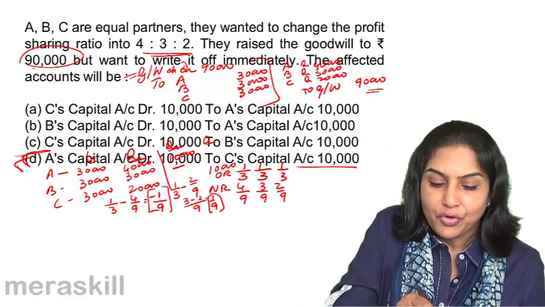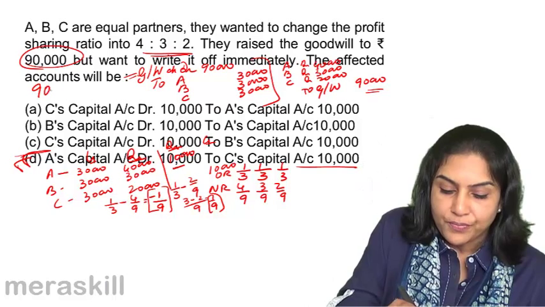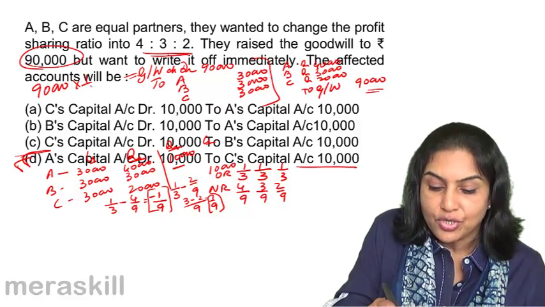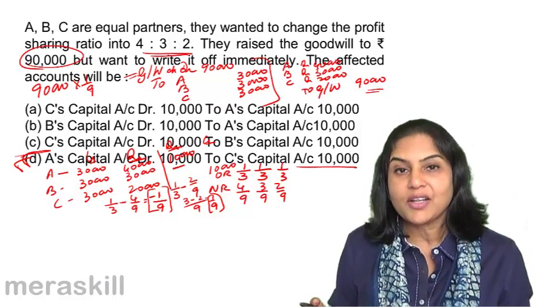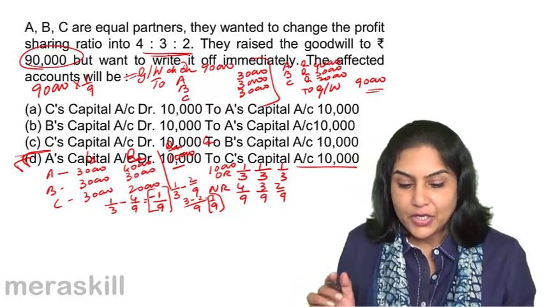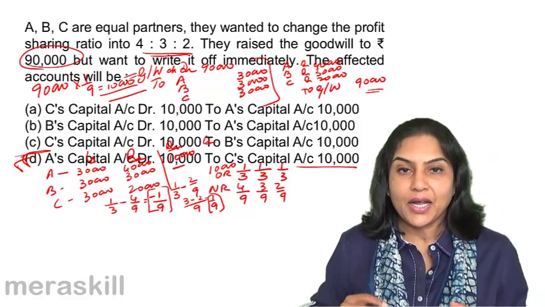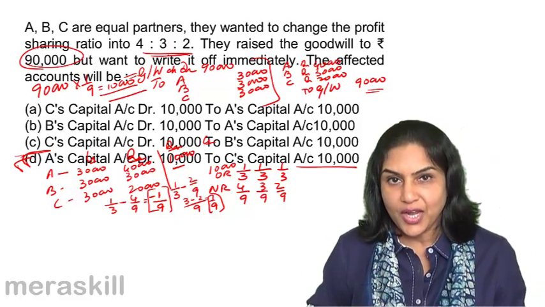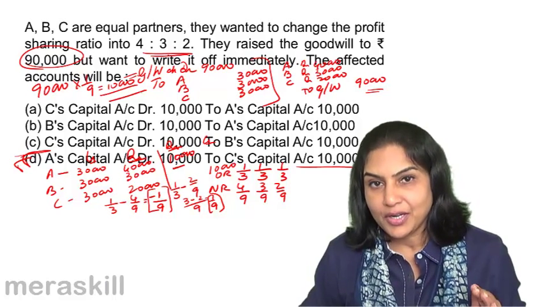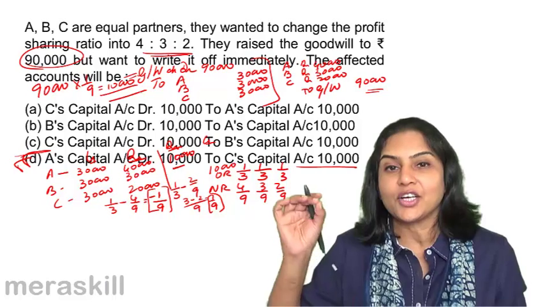Take the amount of goodwill, 90,000 into 1 by 9. 1 by 9 is what? The gain by A and the sacrifice by C. So 1 by 9 amount is 10,000. So A's capital account is debited. A stands to gain. So debit A's capital account with his share of gain in the goodwill.